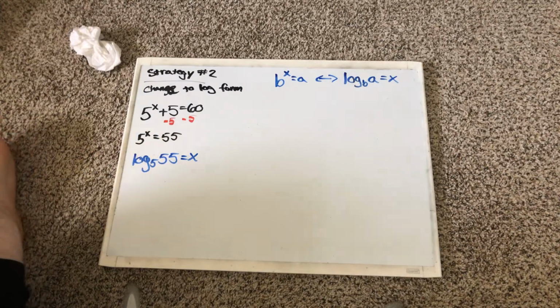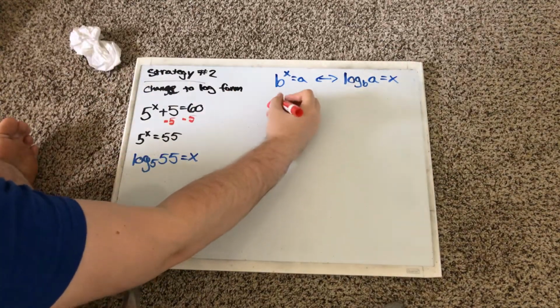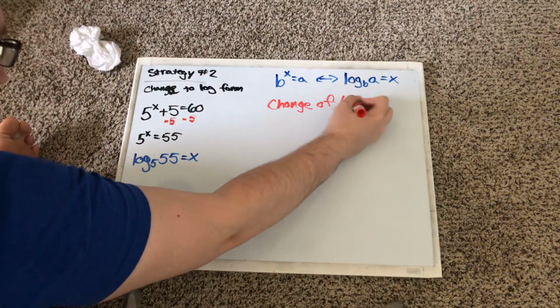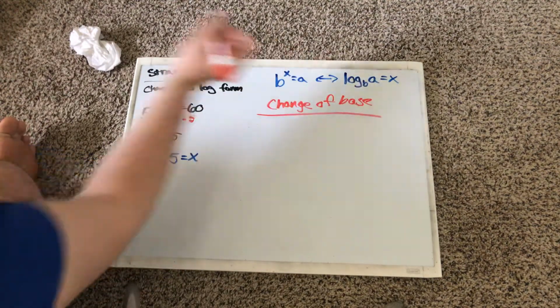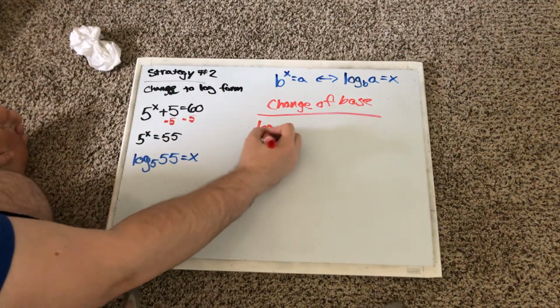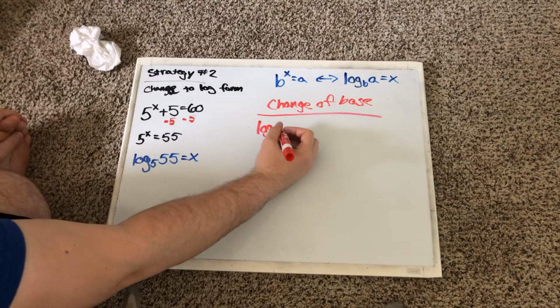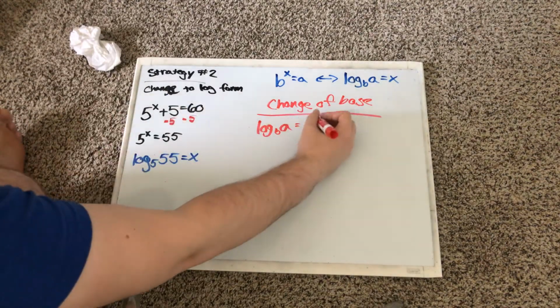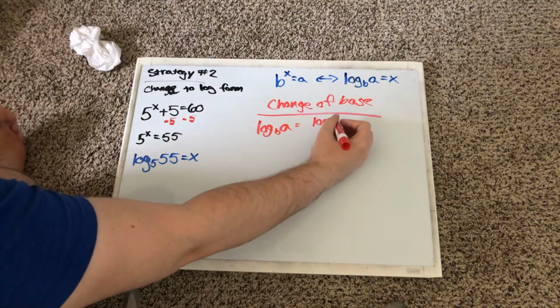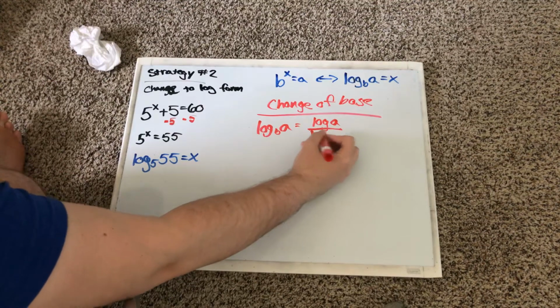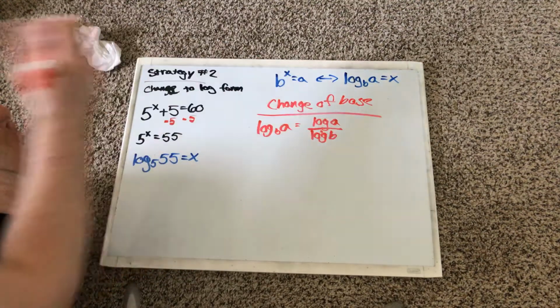It is called the change of base formula. If I have log base b of a, I can rewrite that as log of my big number a divided by log of my base b.